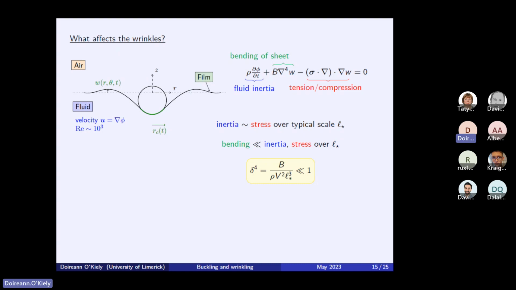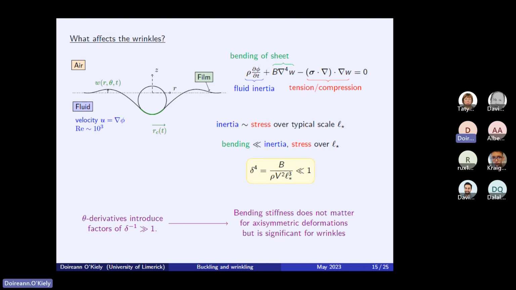I've been talking about my small parameter in very loose terms so far, but in this particular problem, the small parameter is bending stiffness divided by rho v squared, from my inertia term, times this length scale cubed. And that's much smaller than 1. That gives you this separation of scales. So that's basically why the wrinkles happen over a much smaller length scale than anything else.